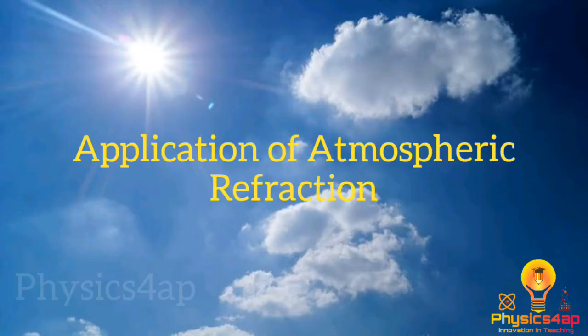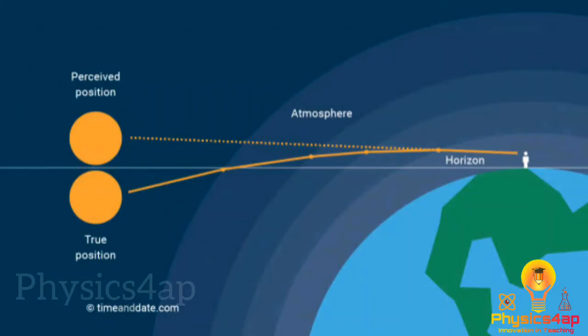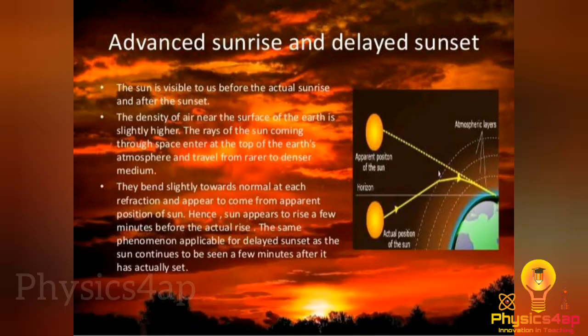Now we'll discuss the applications of atmospheric refraction. The position of the sun is different when we see it from the horizon. The sun is visible to us before the actual sunrise and after the sunset. That is because the density of the air near the surface of the earth is slightly higher.